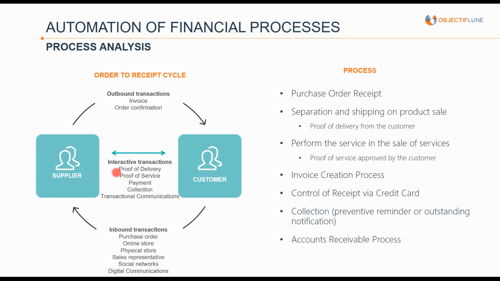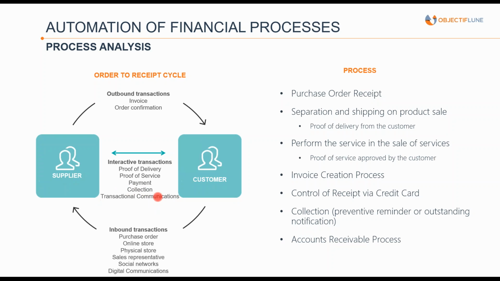But when it's postpaid, when you send the invoice and you send the product, and the product arrives at the customer before the payment, the journey ends only when the customer pays the supplier.